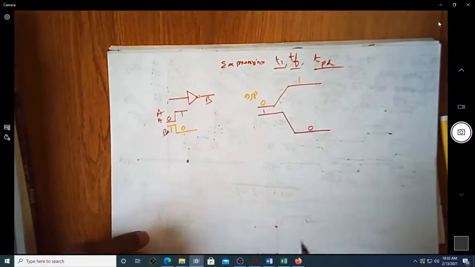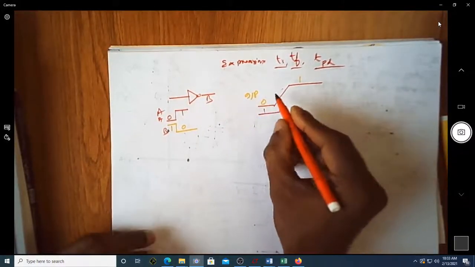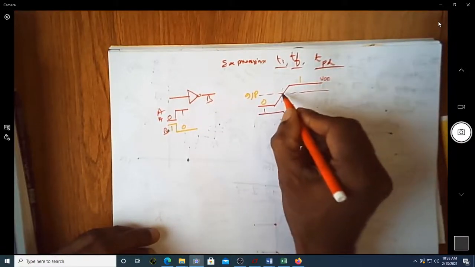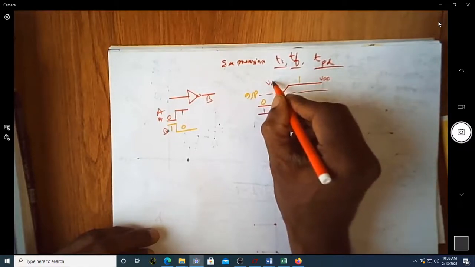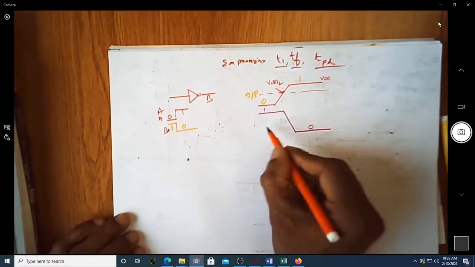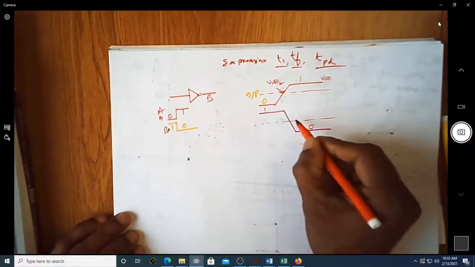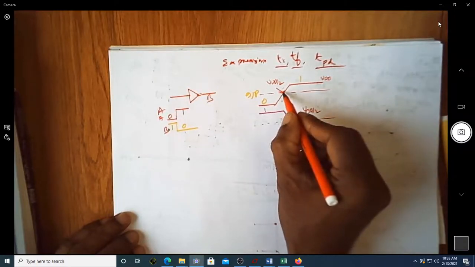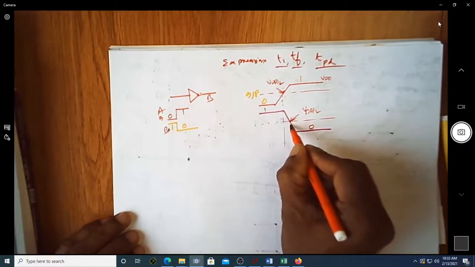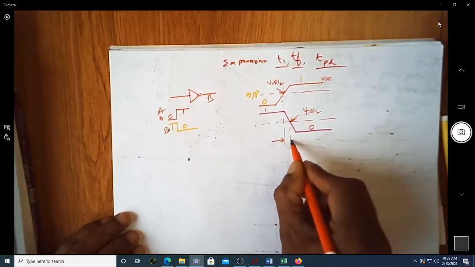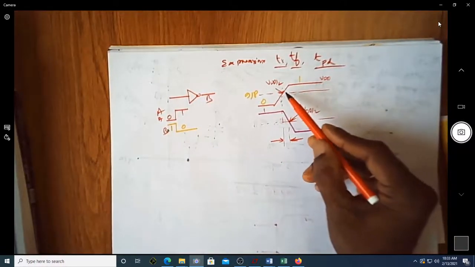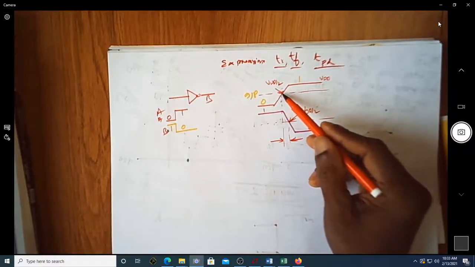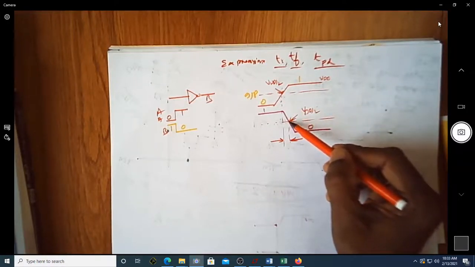Propagation delay is typically defined by considering the midway point of the transition. Assume it is VDD and 0; you consider a point corresponding to VDD by 2 at the input side, and similarly at the output also a point corresponding to VDD by 2. Now you find the time difference between when the input crosses VDD by 2 and when the output again crosses VDD by 2.